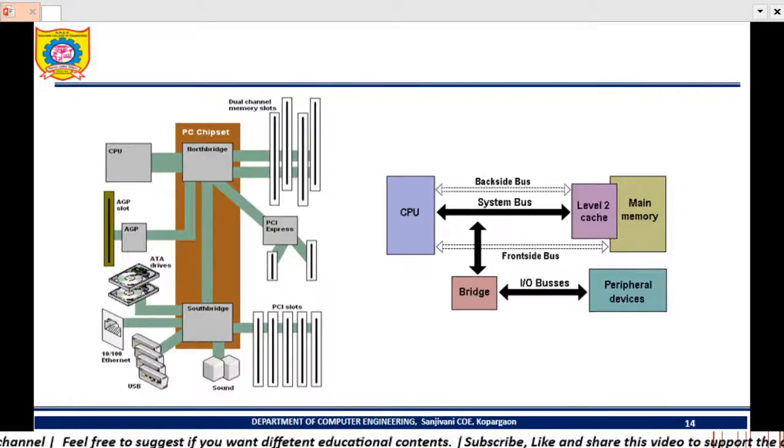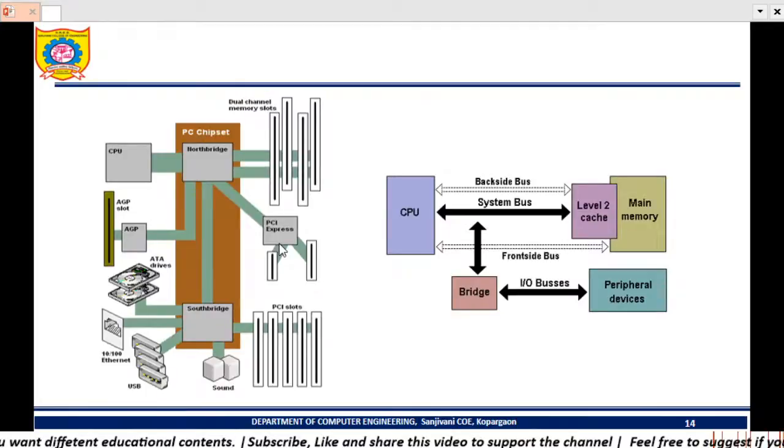Okay, so here we have also explained that a chipset is there which handles the external memory and external IO connections. You can see the Southbridge is connected to the hard disk, your internet, USB drives, sound drives, and PCI slots. PCI stands for peripheral component interconnect. The Northbridge handles your internal memory, that is RAMs and ROMs.